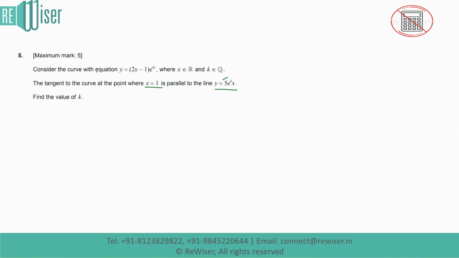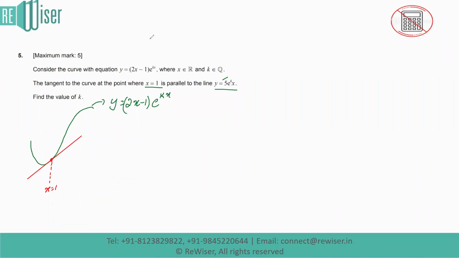So this means, let's say I have some random curve. Let's say the equation of this curve is y = (2x − 1) times e^(kx). And we are talking about x = 1. Let's say this is x = 1. There is a tangent, something like this, to the curve at that point.